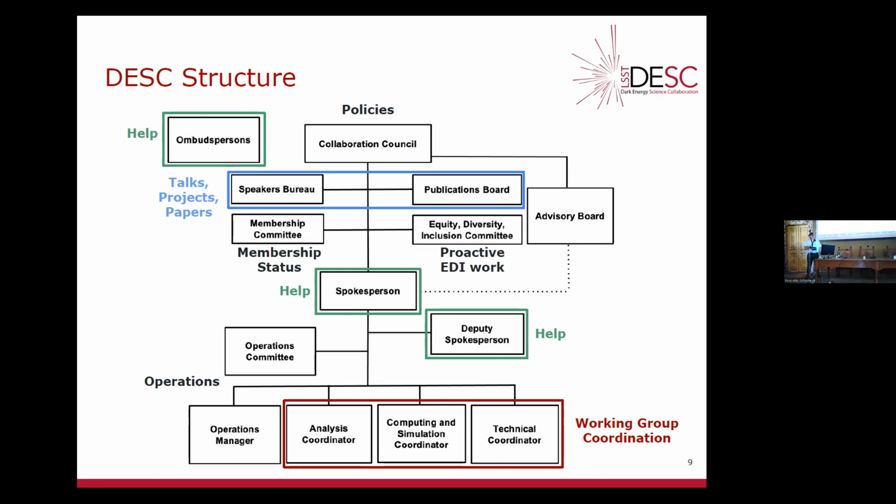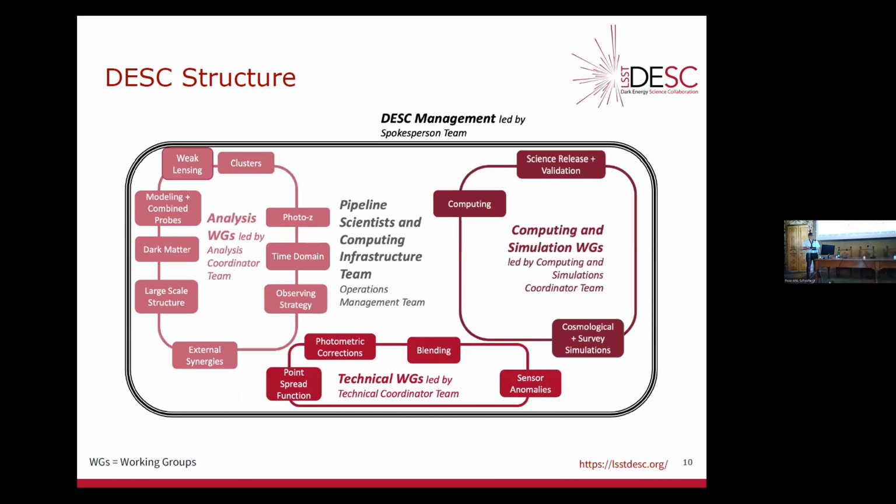The policies are discussed within the Collaboration Council, which is a very diverse and broad council, including a lot of young people. And of course, there is the working group coordination, with an analysis coordinator, a computing and simulation coordinator, and technical coordinators.